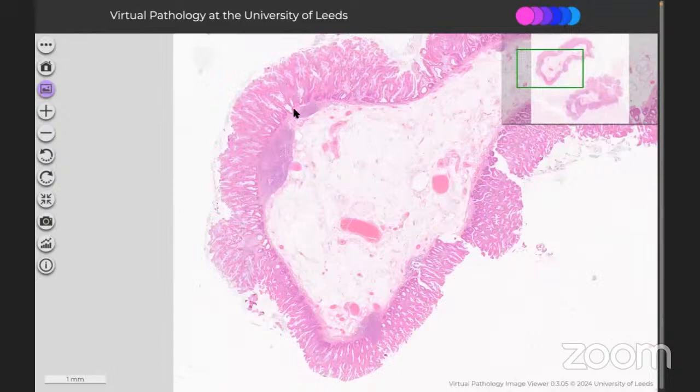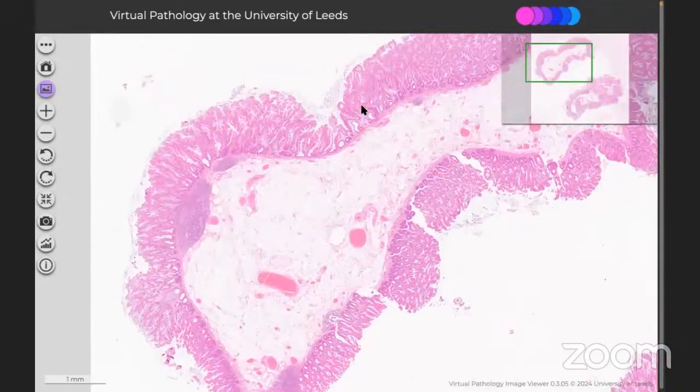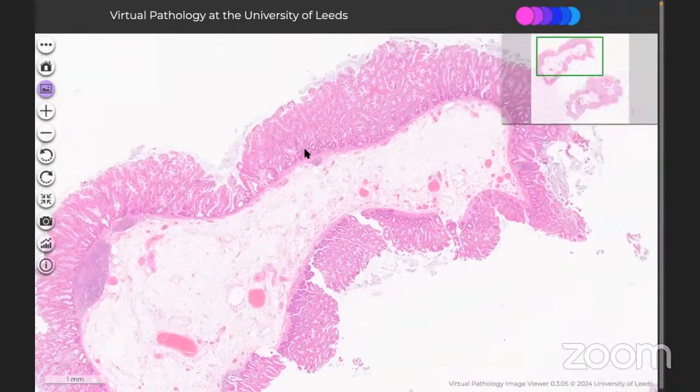It is more common towards the right side of the colon, and there is a terminology known as sessile serrated polyposis. When you have more than 5 polyps, at least 2 of them more than 1 centimeter, this is known as sessile serrated polyposis.